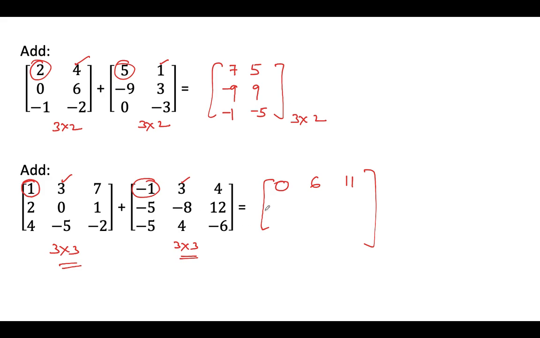Similarly, 2 plus minus 5 is minus 3, 0 plus minus 8 is minus 8, 1 plus 12 is 13, 4 plus minus 5 is minus 1, minus 5 plus 4 is also minus 1, minus 2 minus 6 is minus 8. This is the resulting matrix, and the order of this matrix is also 3 by 3.